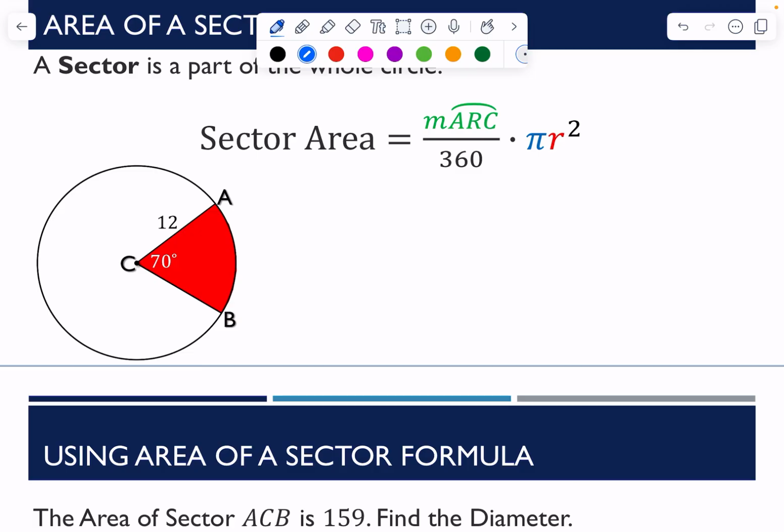So if we look, the arc here, this is my central angle, so the arc would also be 70 degrees. So what I simply do is I take that and I say, okay, the sector's area is equal to 70 divided by 360 multiplied times pi times 12 squared.